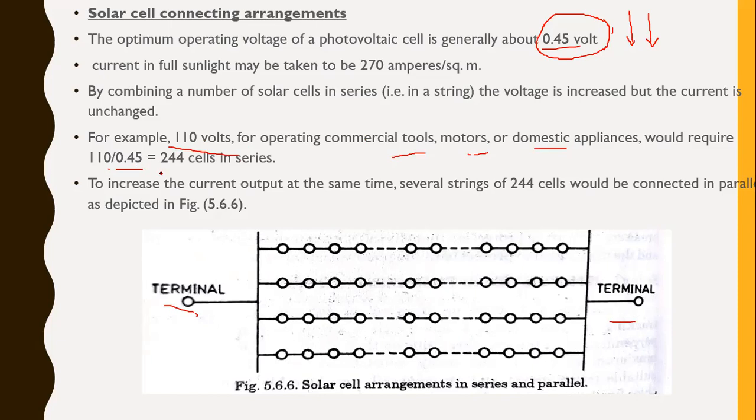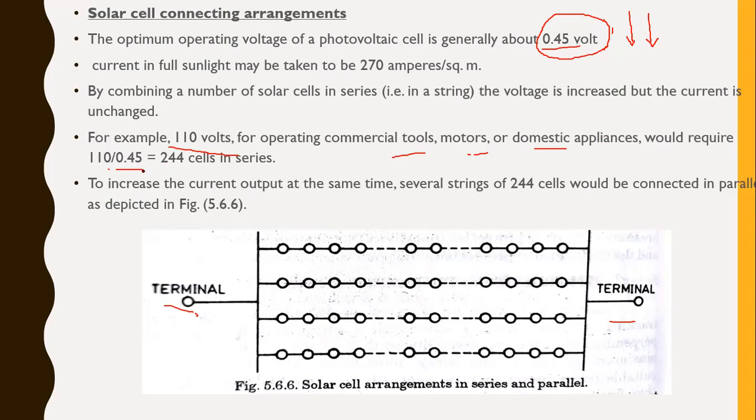This is the calculation of how many cells we need in series. If you want 220 volts, 220 by 0.45; 320 volts, 330 volts, 330 by 0.45, like that. According to the application, we can calculate the number of cells required and how many should be connected in series.